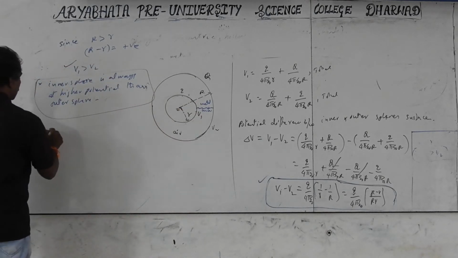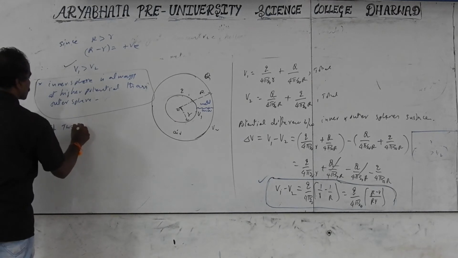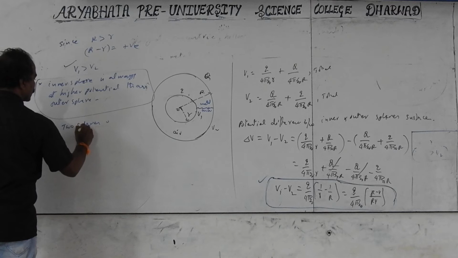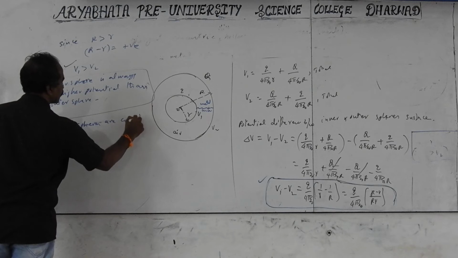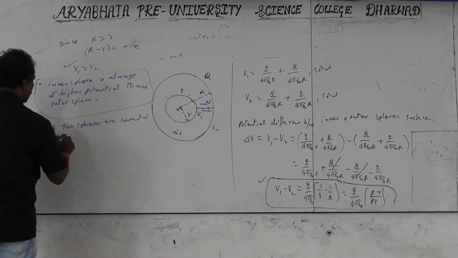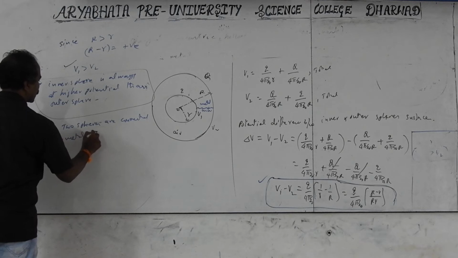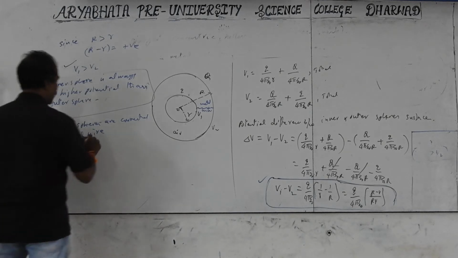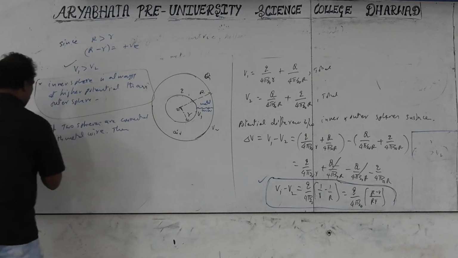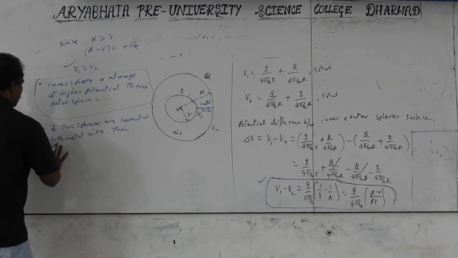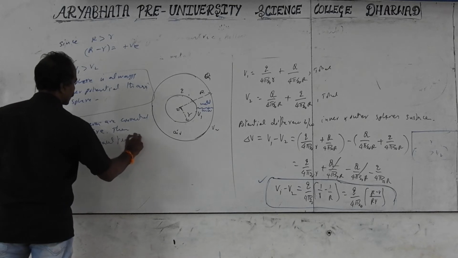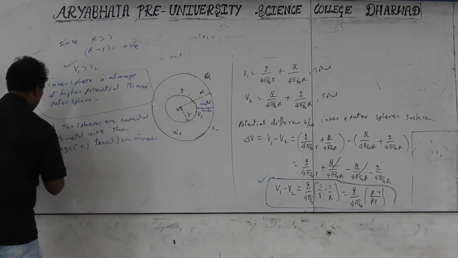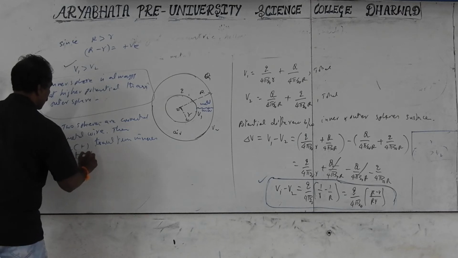This point again: if two spheres are connected with a metal wire, positive charges travel from the inner sphere to the outer sphere.